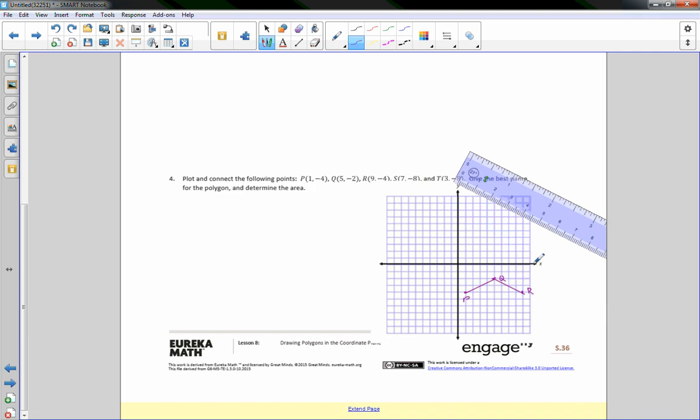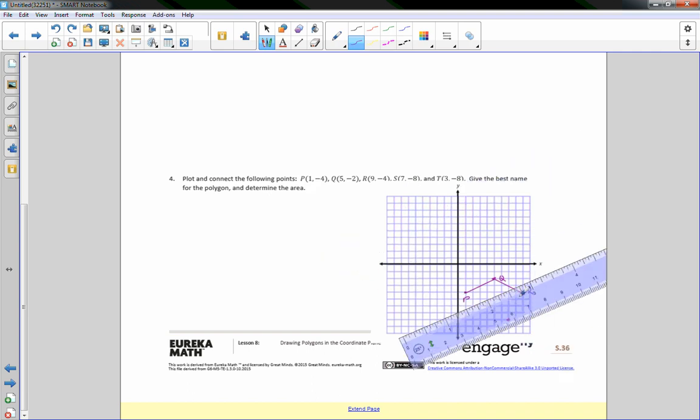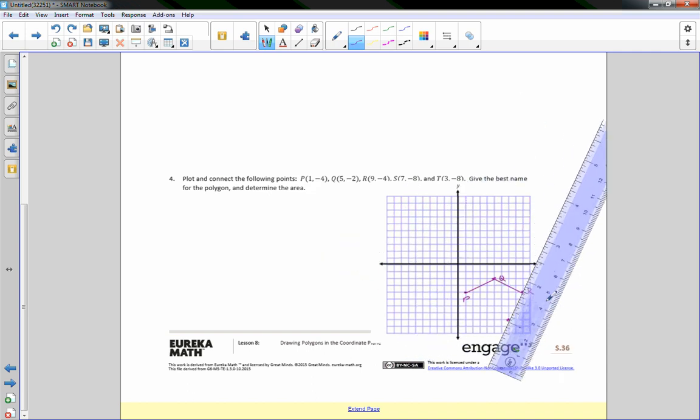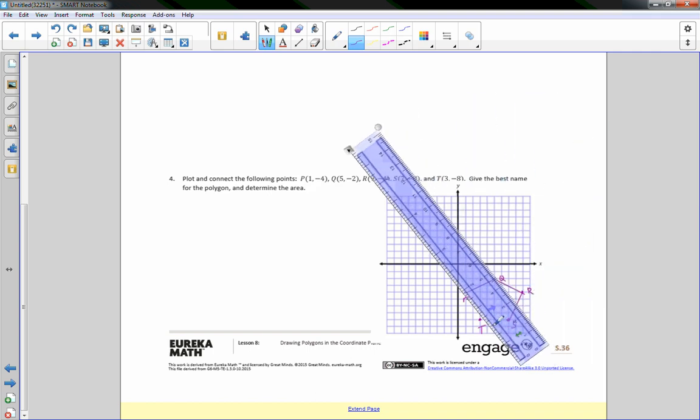So 10, 9, 8, 7, negative 8 is here. So here's S. To draw that, I need to rotate my ruler. Okay, there's RS. And T is 3, negative 8. 1, 2, 3. Here is T. And then close it out.